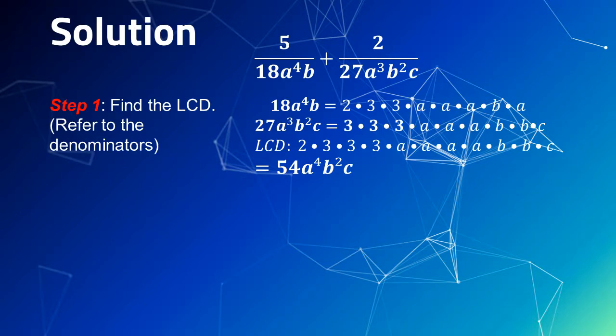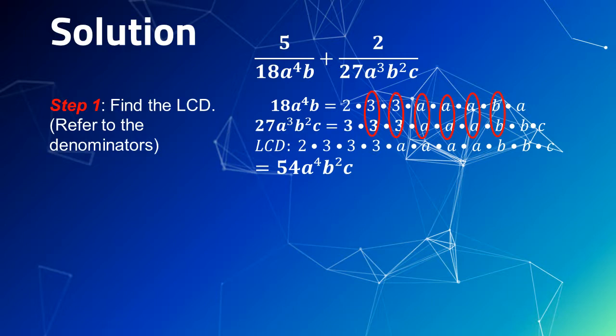The first thing that we're going to do is find the least common denominator. We're going to refer to the denominators. The first denominator is 18a raised to 4b, and the second denominator is 27a raised to 3b squared c.